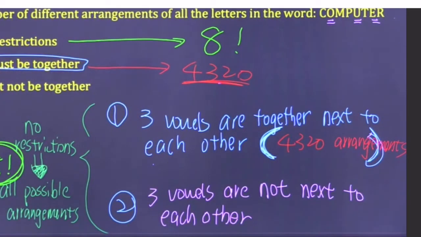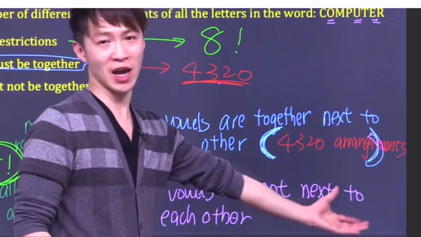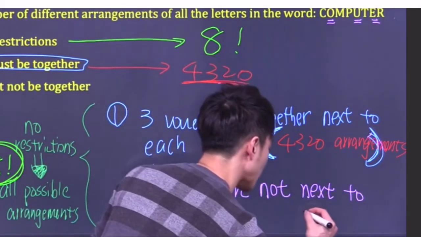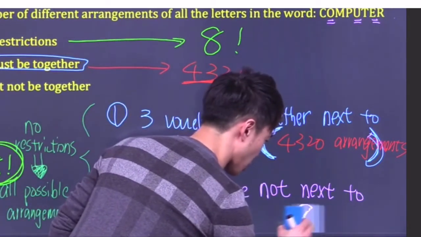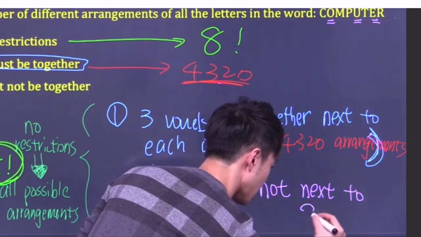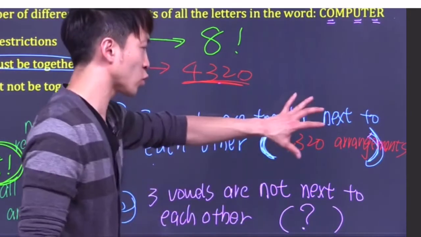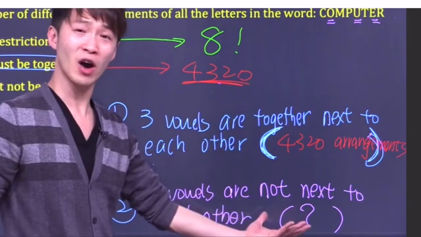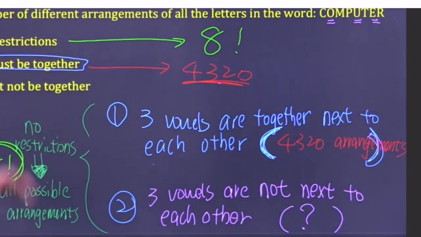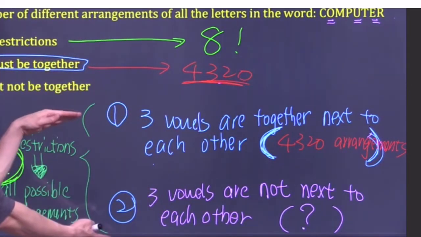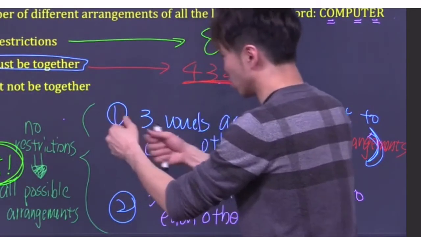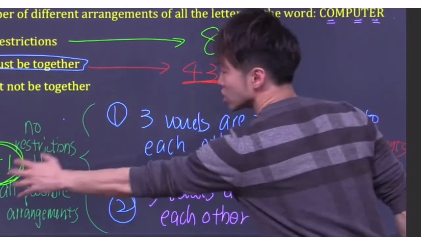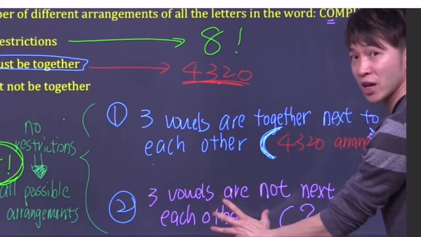Okay, guys? So now the question asks you this. For three vowels not together, not next to each other, how many are there then? So it's almost like this. In total, I have $10. If somebody steals $2 away from me, $10 minus $2, guess what? I still have $8 left.